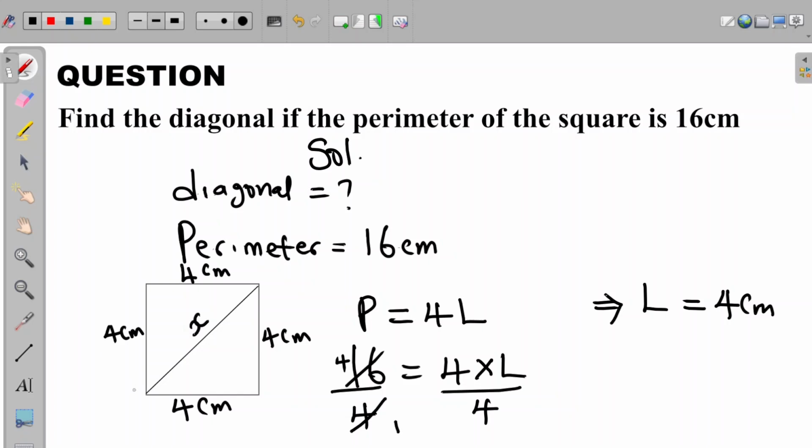So we have side A, side B, side C, and side D. Now, to obtain the value of x, which is the diagonal of the square, note that ABC is a right angle triangle. So we have to use the Pythagoras theorem.